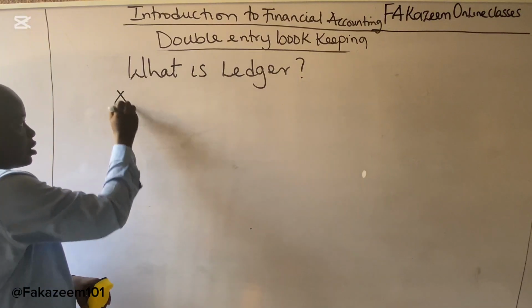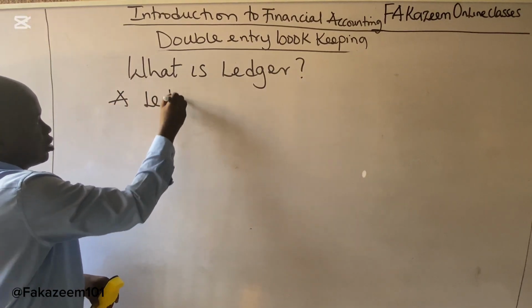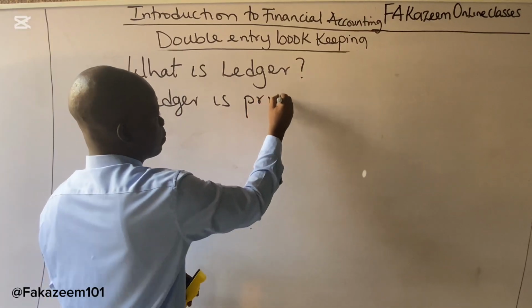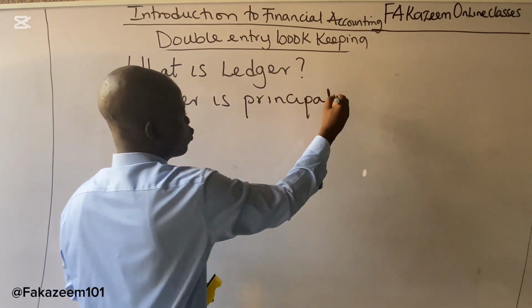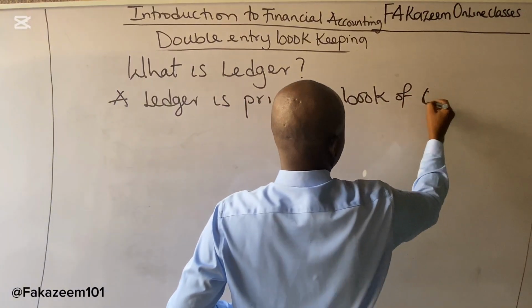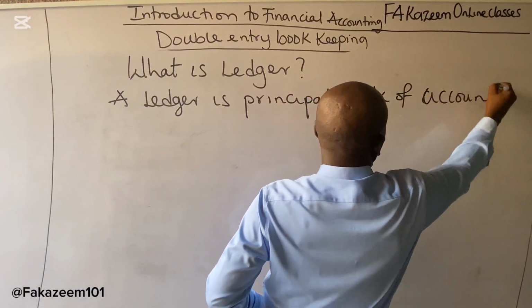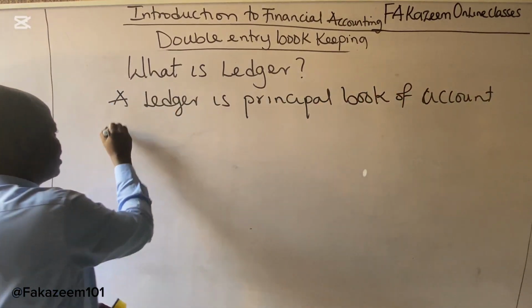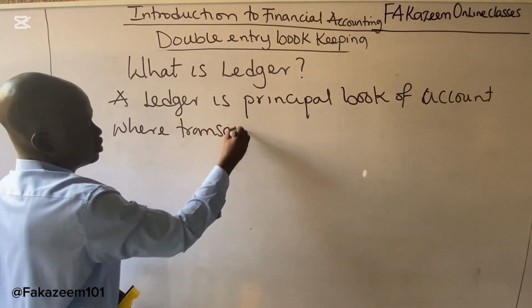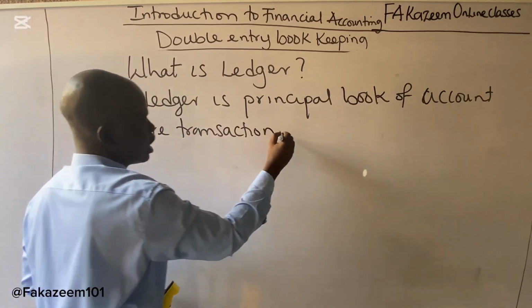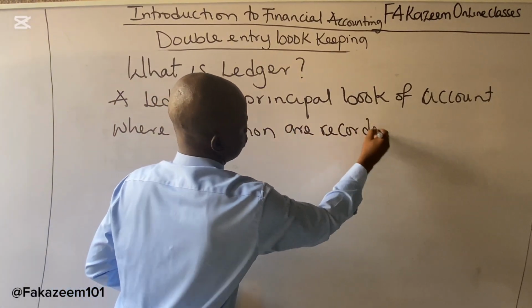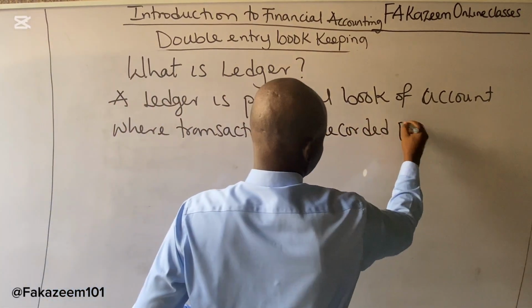A ledger is a principal book of account where transactions are recorded permanently.